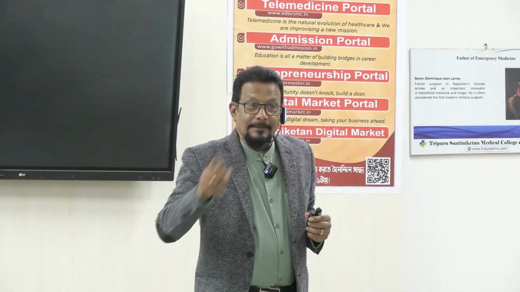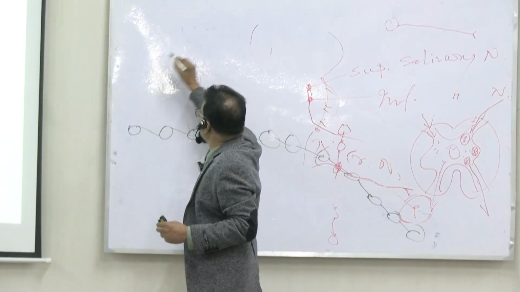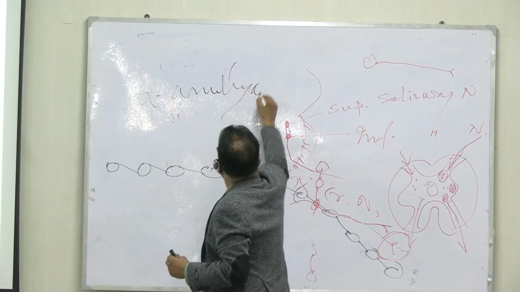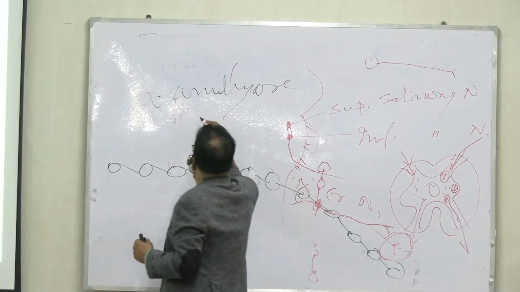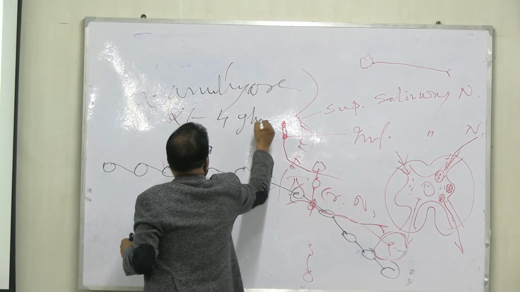One important thing for salivary amylase: it is an alpha amylase, capable of hydrolyzing an alpha 1,4 glycosidic linkage.